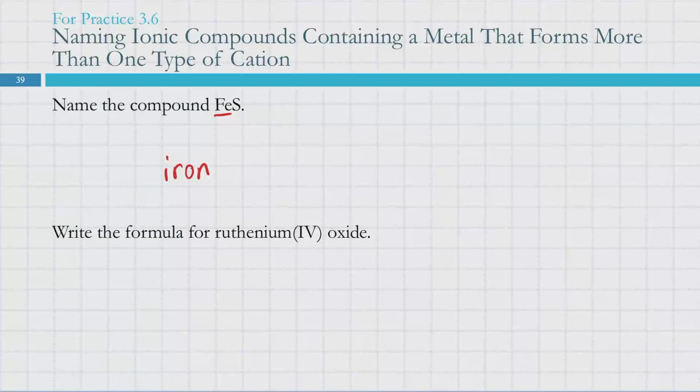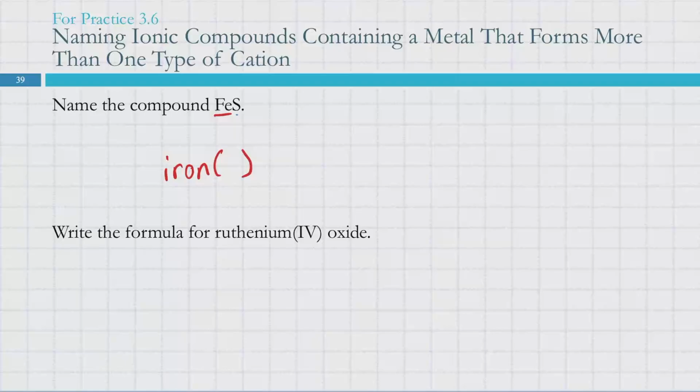Iron is one of our transition metals. It's not scandium, zinc, or silver, and so it could have multiple charge options. So we want to have a little parentheses behind it, because we don't know what the charge is. And putting the parentheses in there hopefully will remind us we have to figure out what the charge is.